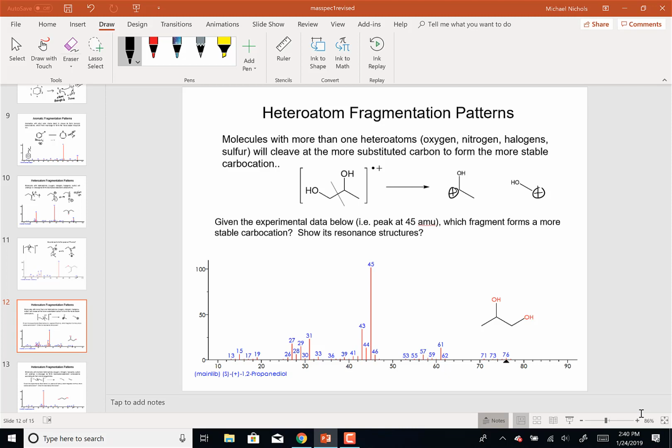I should draw it the other way. Left part on the left, right part on the right. Can we write the resonance structures for those two? Yes.